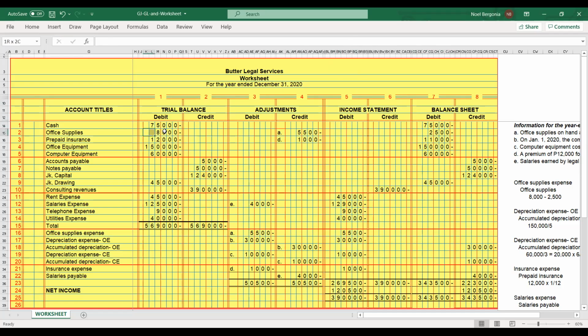Halimbawa, ito, office supplies, makikita mo, trial balance minus adjustments, and then nalagay lang siya yung difference sa balance sheet. So parang ganun din, no? Nawala lang yung in-between na adjusted trial balance. Okay? Pero yung rules natin in writing and completing this are also the same, except for the adjusted trial balance.